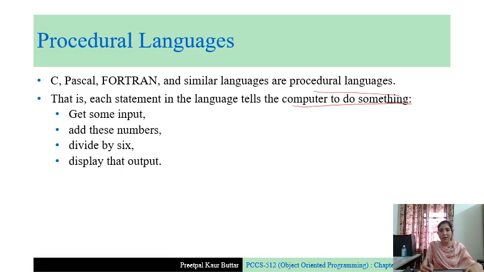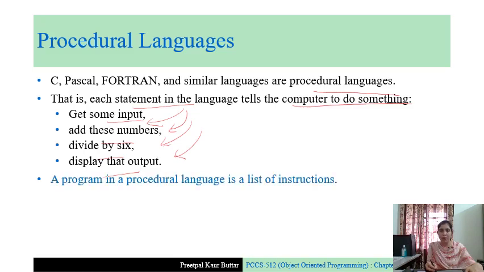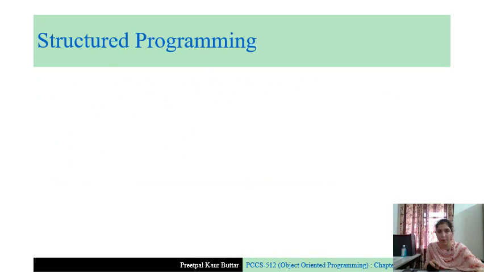Okay, so such type of programming approach is called the procedural programming approach. So a program in a procedural language is simply a list of instructions.